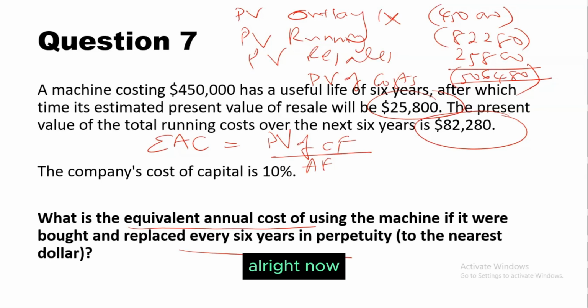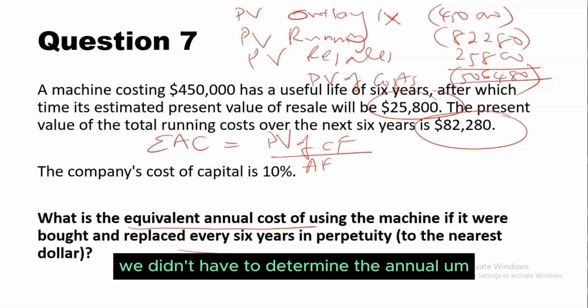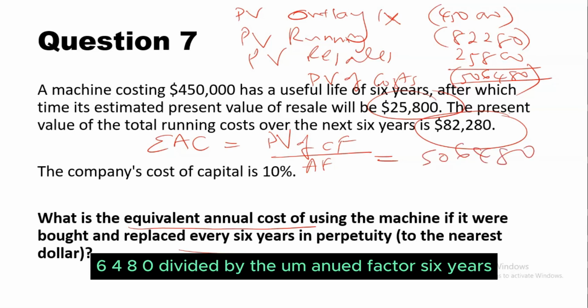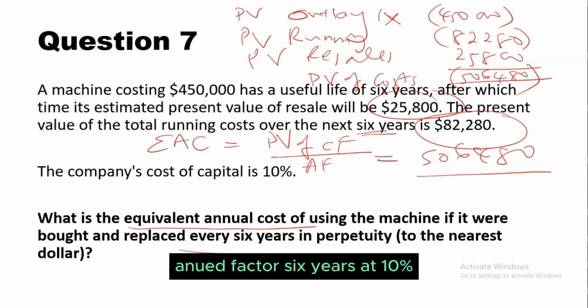Now we have to determine the equivalent annual cost, which should be 506,480 divided by the annuity factor for 6 years. Remember, it's 6 years here. Annuity factor 6 years at 10%.